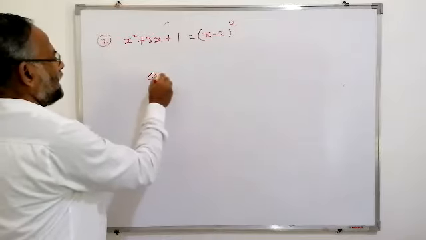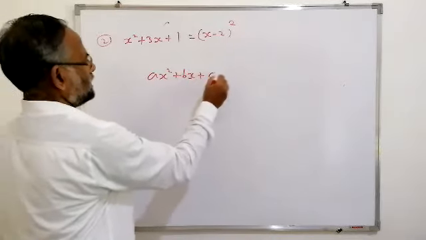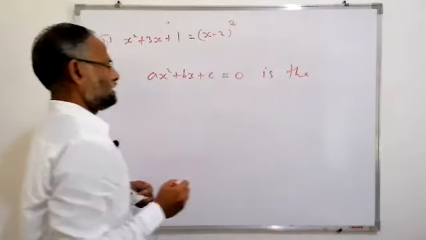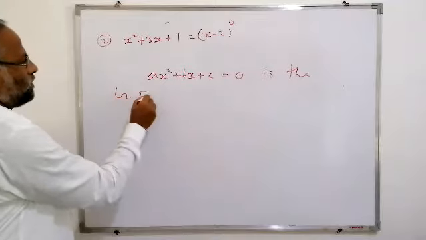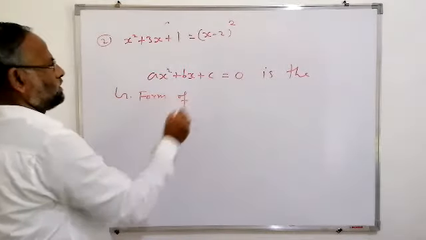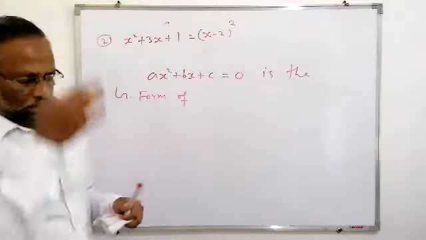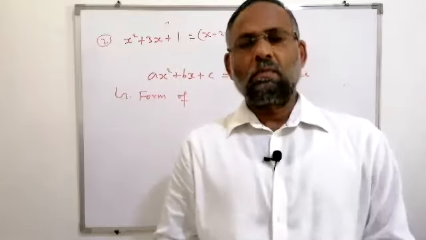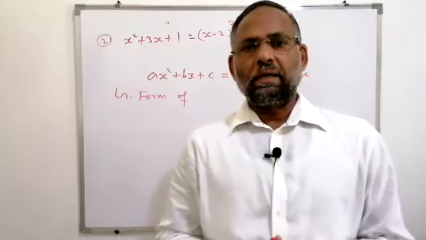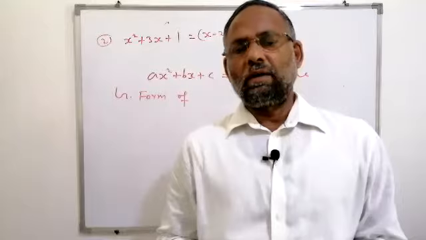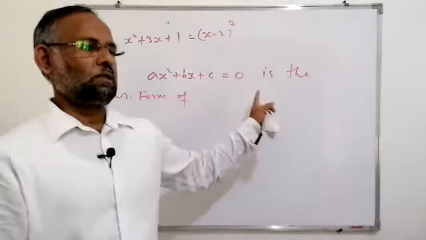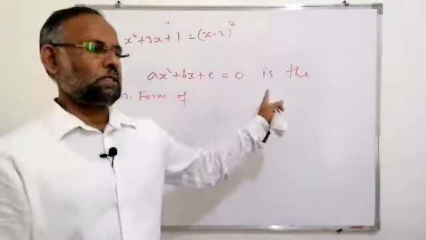Dear children, all of you write: ax square plus bx plus c is equal to 0 is the general form of the quadratic equation in one variable.